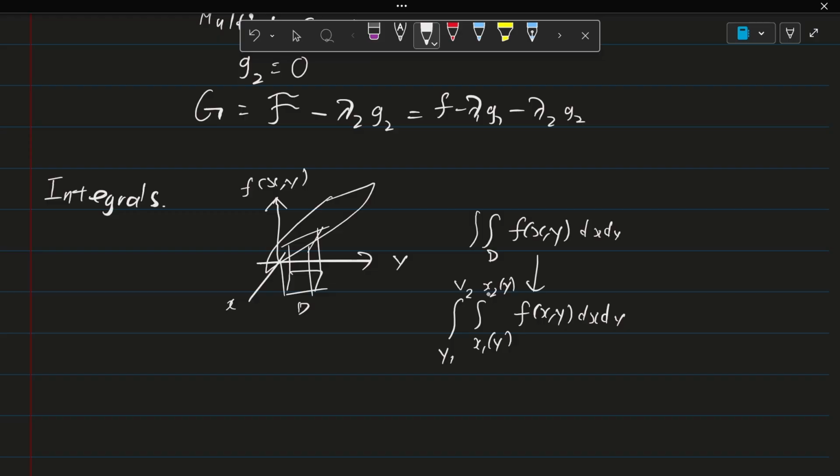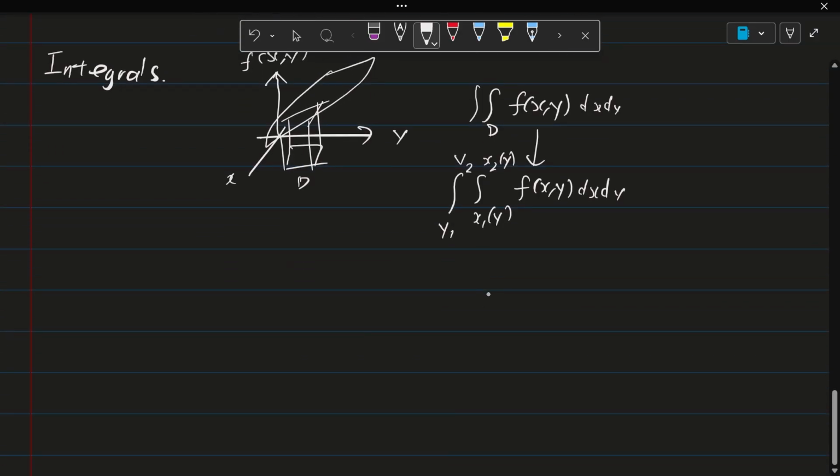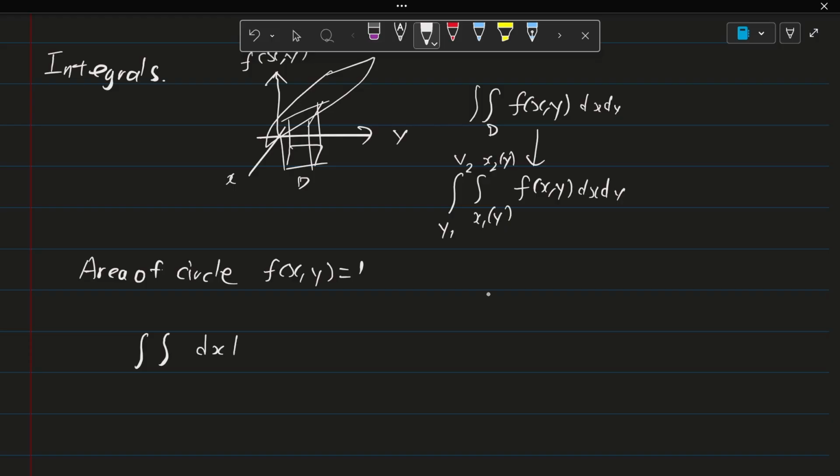So let's just do an example straight away. Let's try to figure out the area of a circle. We have already done the area of a circle, but we'll do this in a multivariable way. For area, your function f(x, y) is normally 1, so it will be just the double integral of dx dy.